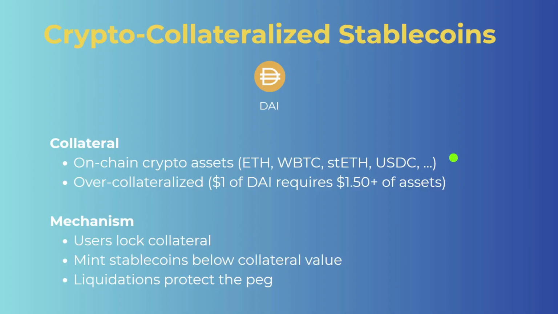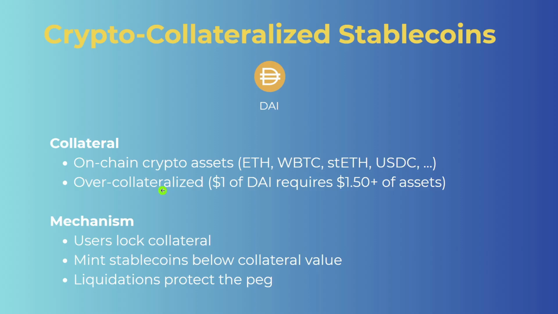Let's talk about crypto-collateralized stablecoins like DAI. In this case, the collateral is represented by on-chain crypto assets. While before we had off-chain assets like T-bills or USD dollars, in this case, the collateral is represented by crypto assets, so Ethereum, wrapped Bitcoin, other USDC, and so on.